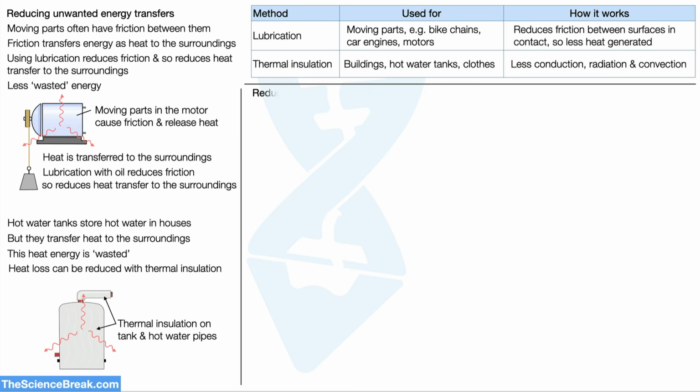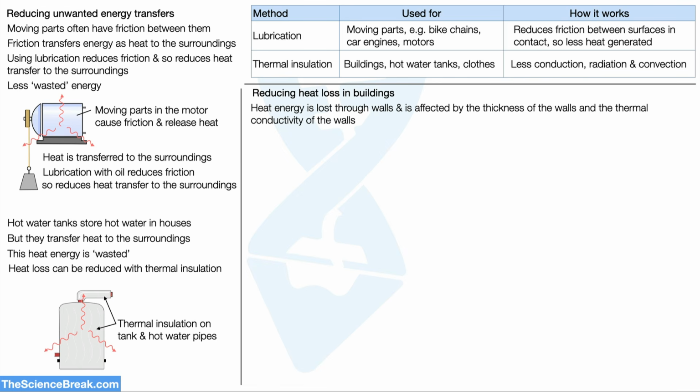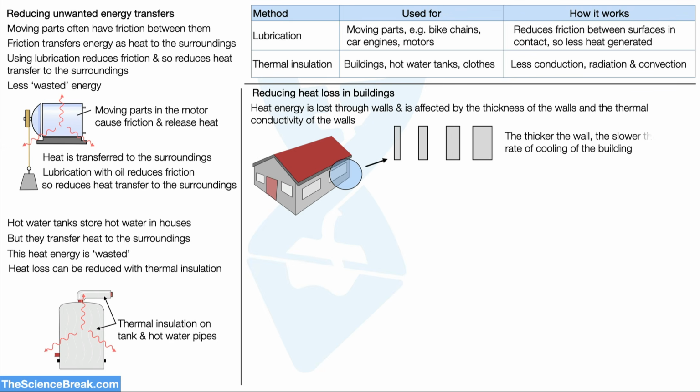Next, we're going to take a look at reducing heat loss in buildings. Heat energy is lost through walls and is affected by the thickness of the walls and the thermal conductivity of the walls. Let's take a look at that in a bit more detail. Here is a building, a house, and we have the idea that the thicker the walls, the slower the rate of cooling of the building.